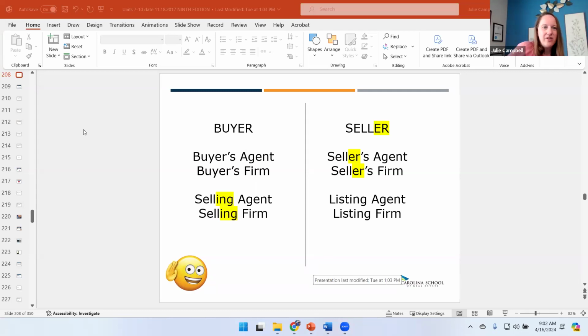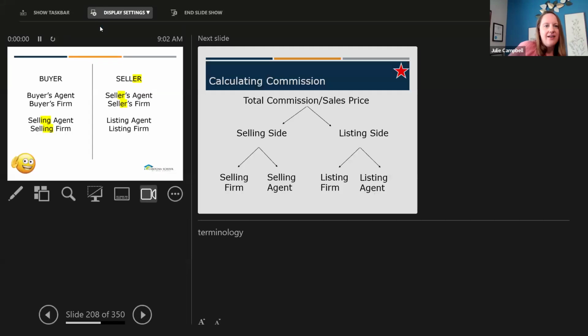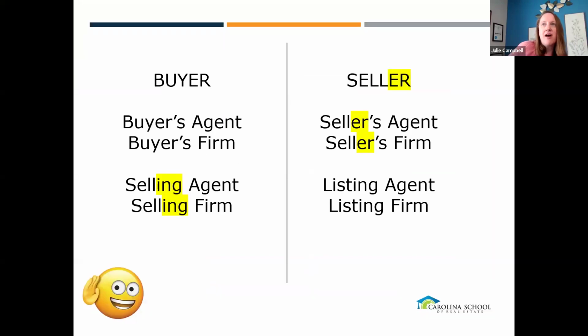All right, so we are at our commission math. Before we get into it, as a reminder, we need to make sure we're good on this verbiage because as we get into commission math, and contracts in the next couple units, we're going to start seeing the verbiage of the selling agent and the listing agent. Again, buyer's agent, seller's agent, that's just what we say when we're running around the streets talking to people.